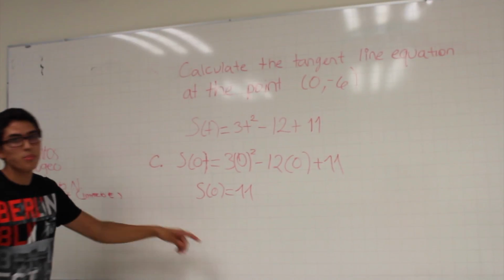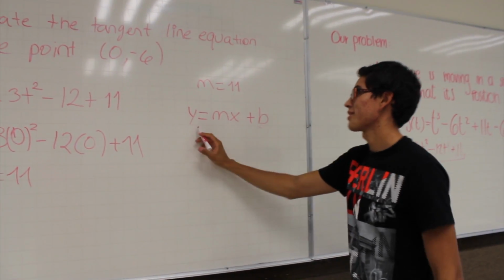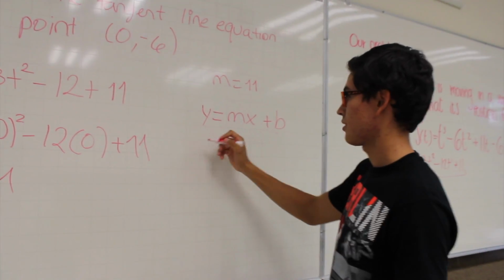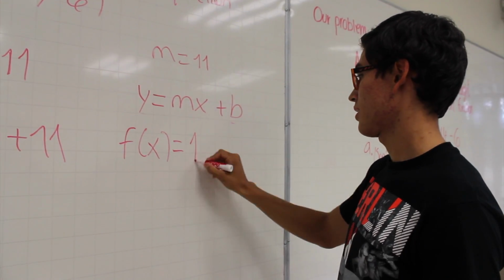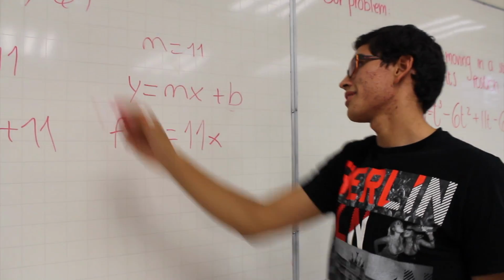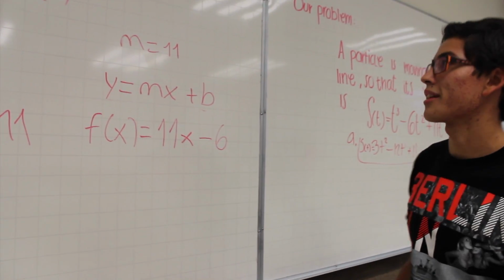So this is our slope. Once we have our slope, we substitute it in the standard equation for the tangent line, and we have f of x equal 11 times x, and we already have the y-intercept, that is minus 6. This is our equation for the tangent line.